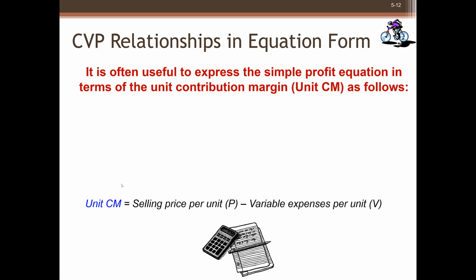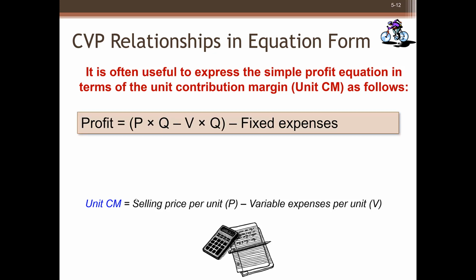It's also useful to express a simple profit equation in terms of the unit contribution margin. Recall that the unit contribution margin is the difference between selling price per unit, P, minus variable expenses per unit, V. So we can rewrite the equation here.